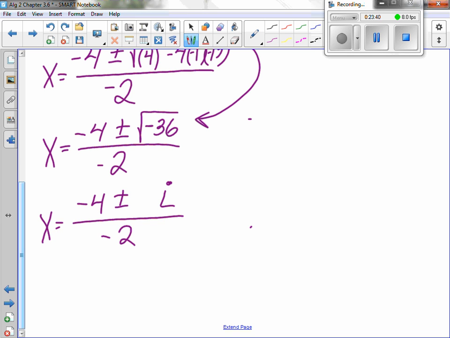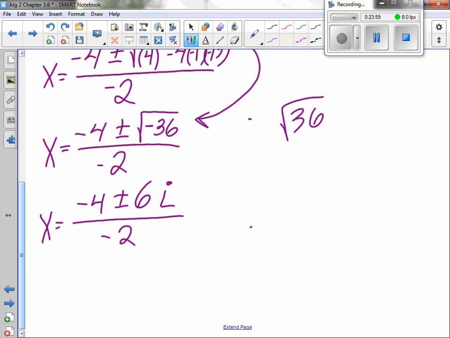Anytime we have a negative inside of a square root, it's going to come out as i. And once we take that out, what we're left with is the square root of 36. And what's the square root of 36? 6. So we have 6i.